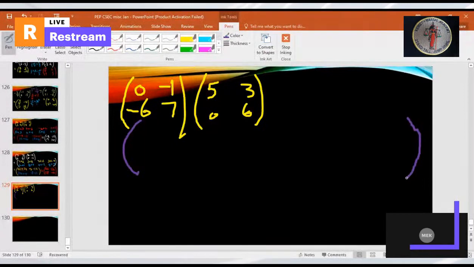And we'll have 0 times 5 and negative 1 times 0. So row by column, and the 0 times 3.